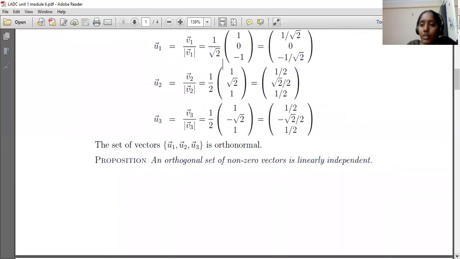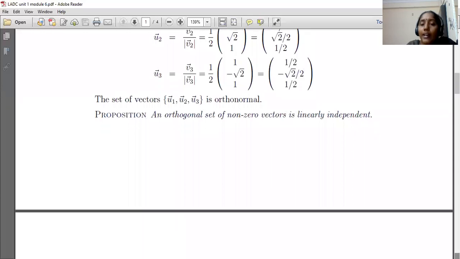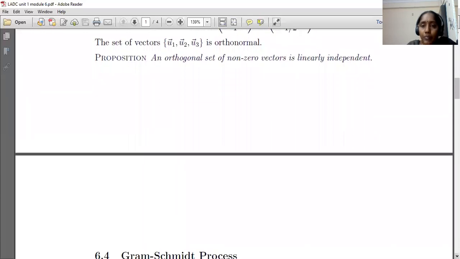In image compression, we use decompositions, and one of the decompositions is QR decomposition. In QR decomposition, we use these orthonormal vectors. For finding the QR factorization, we convert linearly independent vectors to orthogonal vectors. In that process, we use the Gram-Schmidt process.